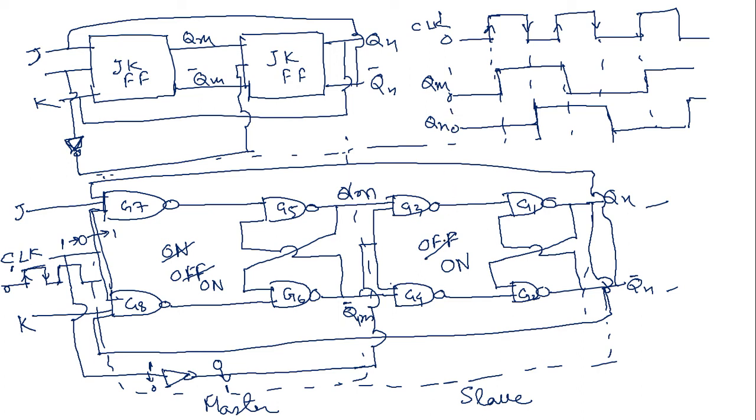So why is it called master slave? See this. The slave depends on the input from the output of the master. Here the output of the master is QM and QM complement.